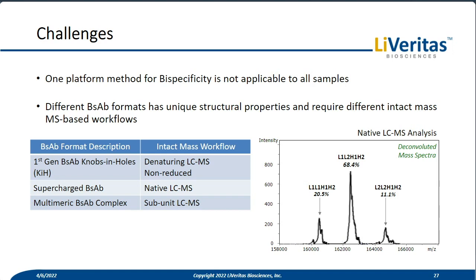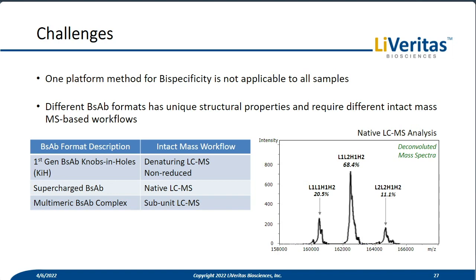And then we also have the first generation bispecific antibody knobs and holes, or what we call the KIH. We've also encountered knobs and holes that are supercharged. And then the most complex version of the bispecific antibodies that we worked with are the multimeric ones, wherein we had to be more creative on how we can arrive at the most accurate bispecificity numbers.